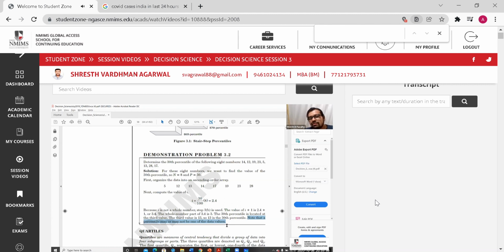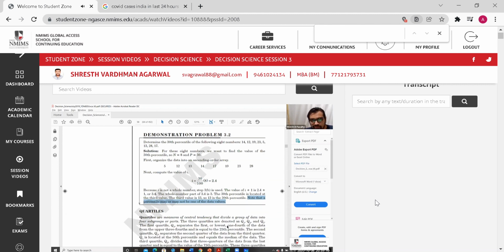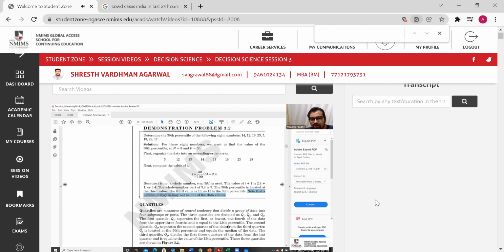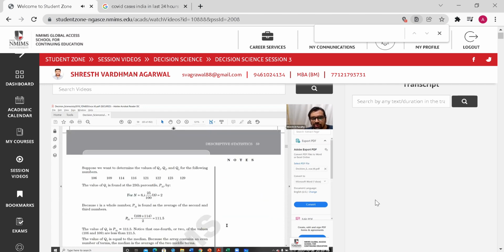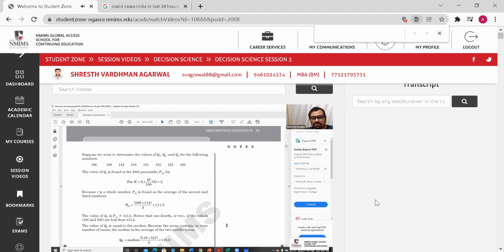Similarly, you can say it for the quartile. Can you understand what I'm trying to tell you? Now, in order to decide the quartile value, if it is the 25th percentile, this is the formula.